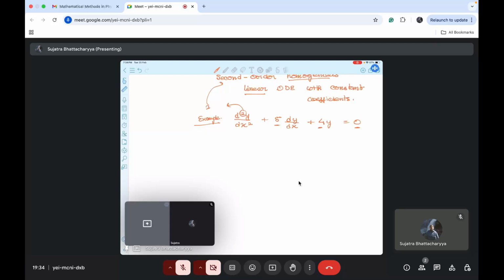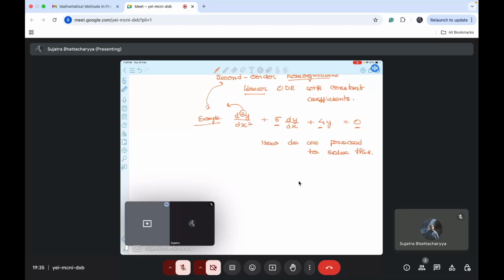See, this is not a function of x. Important. So when this kind of equations are there, how do we proceed to solve this?